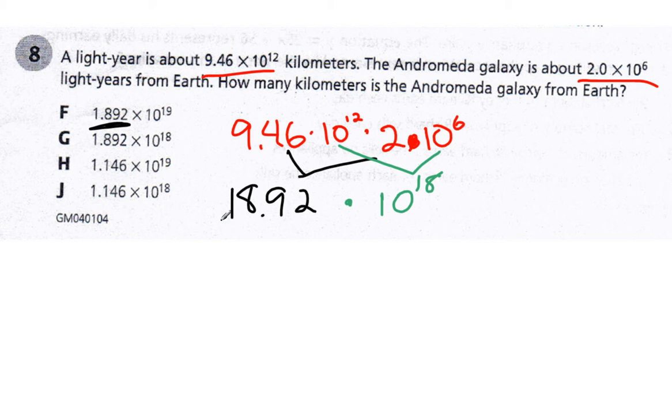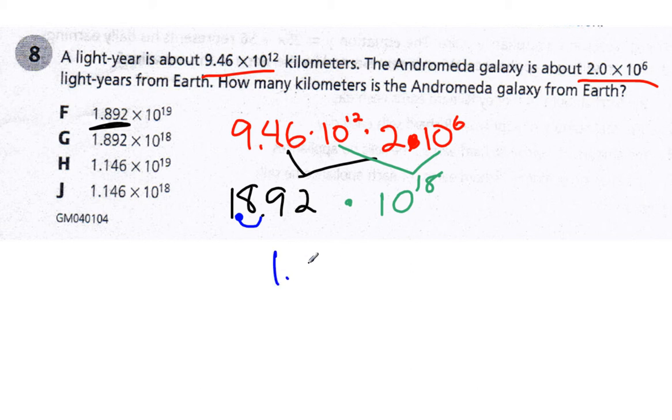And this isn't proper scientific notation, though, because remember our rules for scientific notation say that our decimal has to make a number between 1 and 10, which means we need to move our decimal over one place. If we move our decimal one place to the left, we have to do the opposite to the other side, so it balances out.